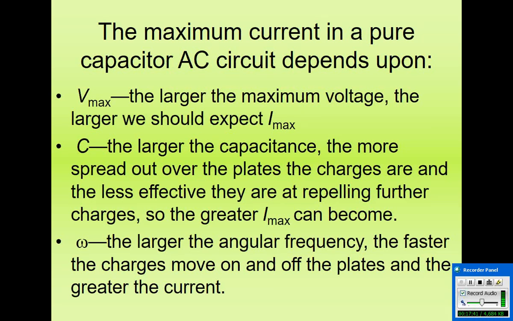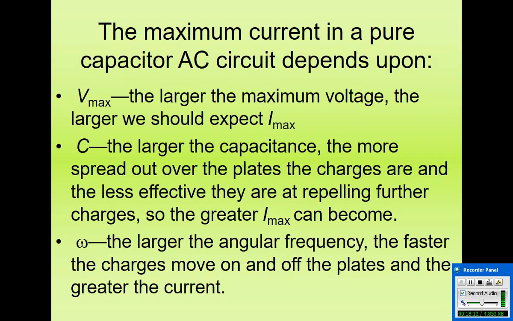What happens if capital C, the capacitance, gets larger? How can you visualize that? Well, recall that capital C, the capacitance, is equal to epsilon naught times capital A divided by D, or kappa times epsilon naught times capital A over D if you have a dielectric material. The capacitance goes up as the area of a plate goes up. Now, imagine that we increase the capacitance by increasing the area of each plate.